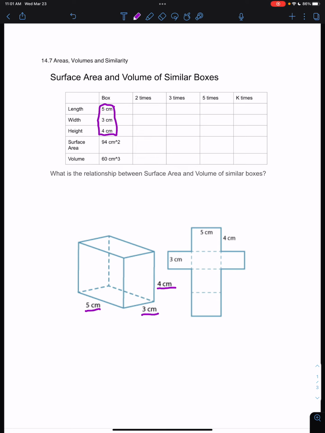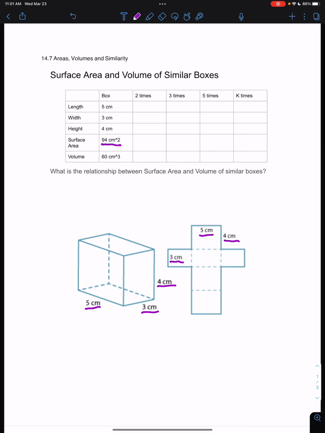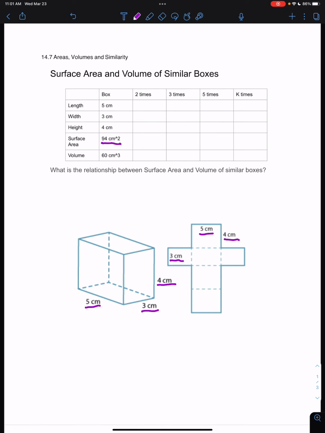Also, in order to calculate surface area, I have the net of this prism with the length, width, and height of the box on the net. I also have calculated the surface area of the original box and the volume of the original box here on the table.